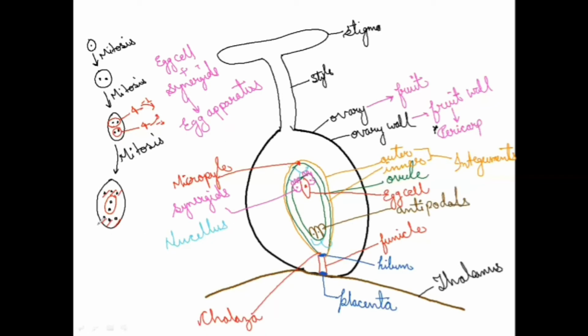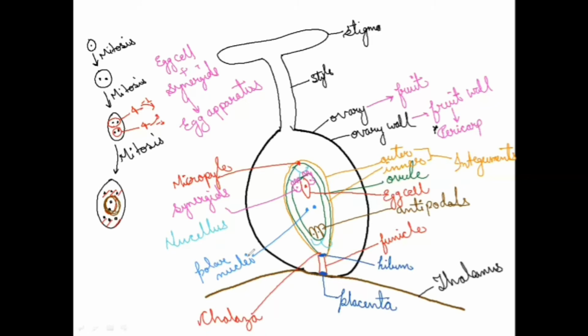Now, these 2 nuclei which were left in the center do not form any cell, and they remain in the central large cell, hence called polar nuclei. What are they called? They are called polar nuclei. They will be present like this, and these will be known as polar nuclei.